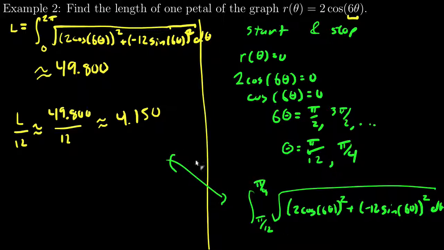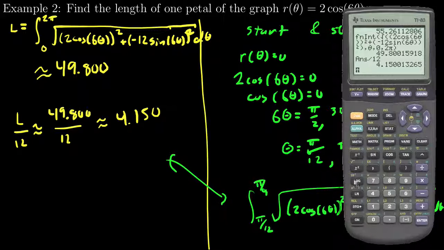Now let me show that these do actually end up being the same. I will skip the time it takes for the calculator to get here. So let me go back to the second entry. Instead of going from 0 to 2 pi and then dividing by 12, let me go from pi over 12 up to pi over 4.